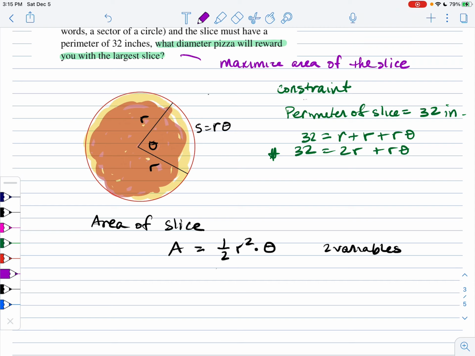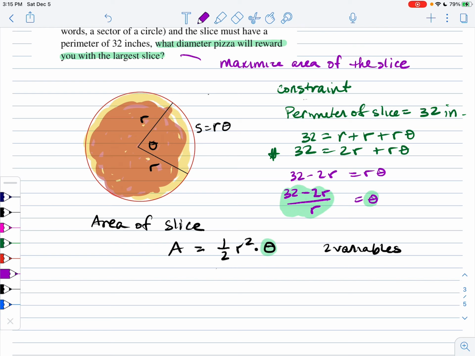I can go up to my constraint equation, and since I want to find the diameter, and we know that diameter is 2 times r, I'm going to solve for theta. So I get here 32 minus 2r equal to r theta, and theta here is 32 minus 2r over r. Okay, so I'm going to take this expression for theta, and I'm going to plug it in here.